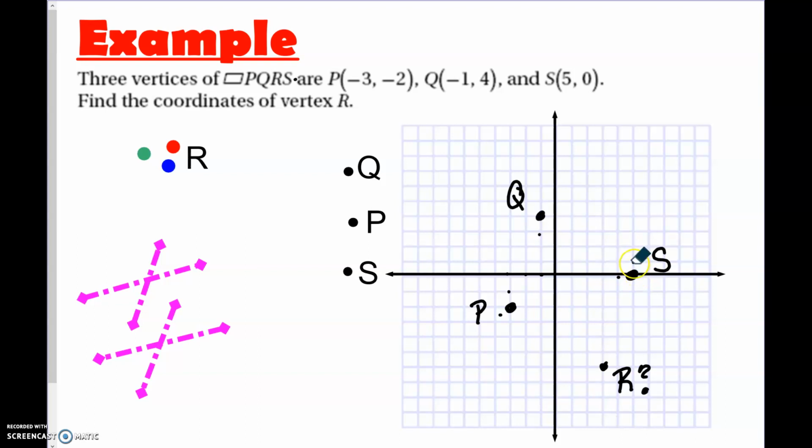I'm going to count up 1, 2, 3, 4, 5, 6, and then over 2. So it has to be over here so that we have the same slope, so that this side is parallel to this side. And now this side's slope will end up being parallel to that. So R has to be over here.